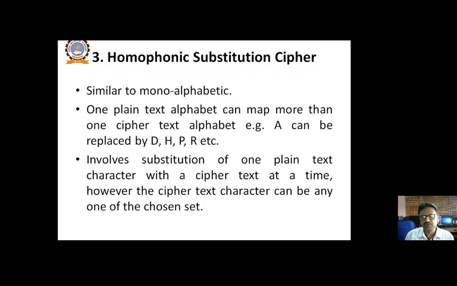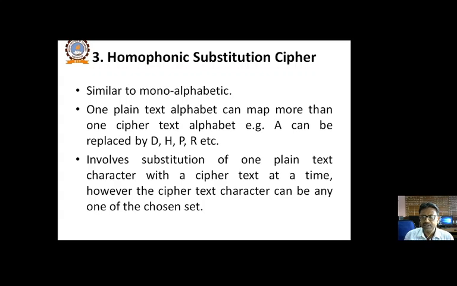Of course, it is similar to the mono-alphabetic cipher, but in this particular case, one plain text alphabet can map to more than one ciphertext alphabet. That is, A can be replaced by D, H, P, or R. So there is a particular set of different alphabets, and any of them can be used to replace A. Suppose we have a text message in which A is used 10 times.